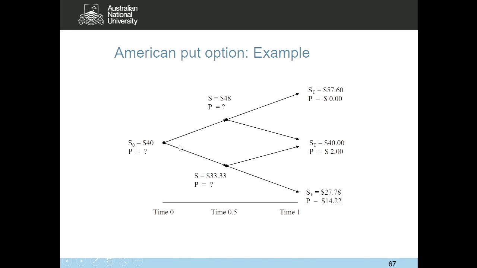Now, if the share price goes down, then down again, the share price finishes at 27.78, and we have a deep in-the-money put option, because the share price is a lot lower than the strike price. Exercising the in-the-money put will lead to a payoff of $14.22. So I'm simply writing down the payoff in this branch here.